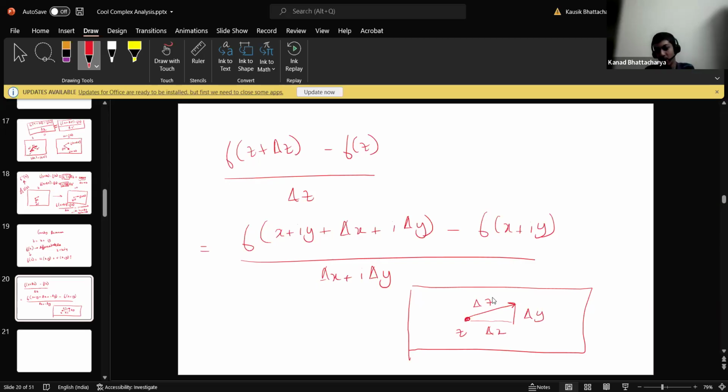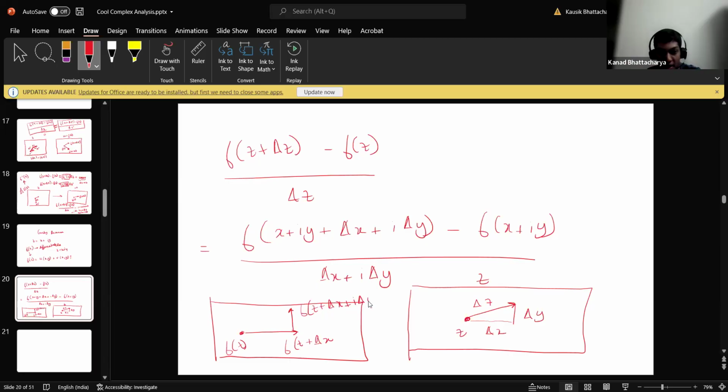We really mean we're going to the right by some small amount delta x and going up by some amount delta y. Now what does that translate into in the w plane? We can think about it as taking the point f(z), then going to the point f(z) plus some delta x, and then going up to the point f(z + delta x + i delta y).